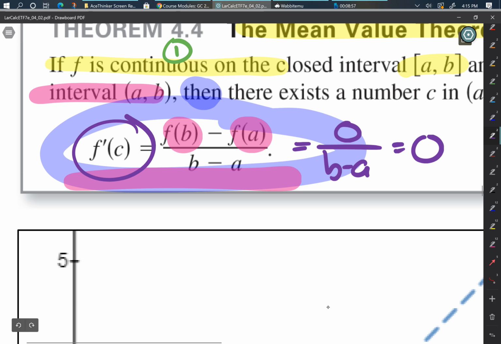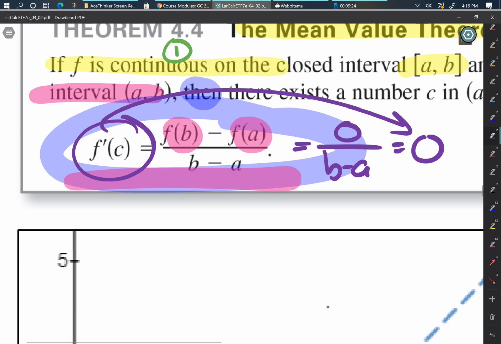So essentially you're just saying that f prime is equal to 0. You could ignore Rolle's theorem, pretend it never existed, hop right into the mean value theorem, and you wouldn't miss a thing, because in the rare case where you are working with Rolle's theorem, the numerator of the mean value theorem, f of b minus f of a, is just going to work out to be 0.